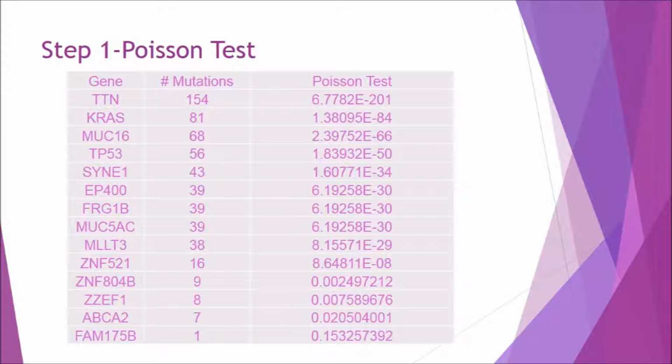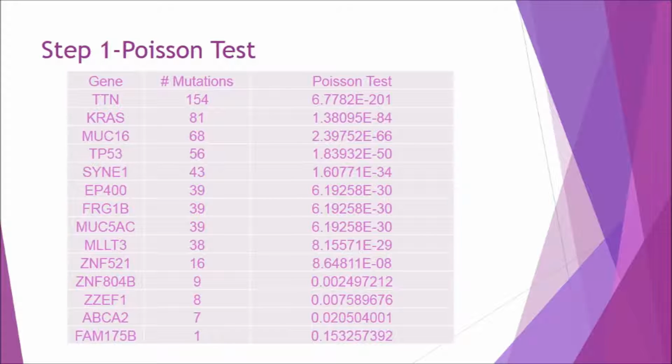We did this Poisson formula for each specific gene that we have here on the chart. We would plug in the number of mutations and then the mean value and find the probability of, for example, in the first row, 154 mutations occurring when the normal standard is 2.96.